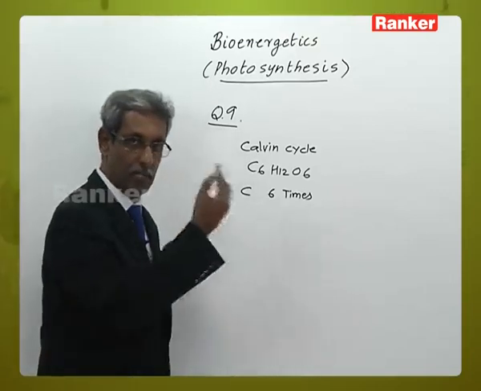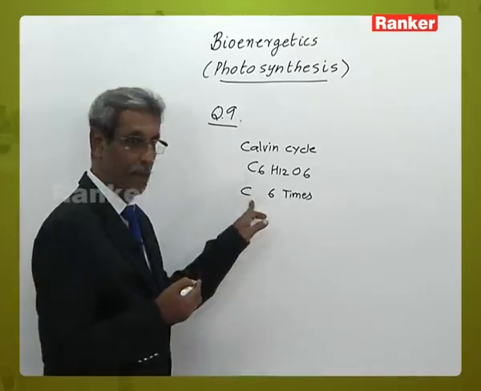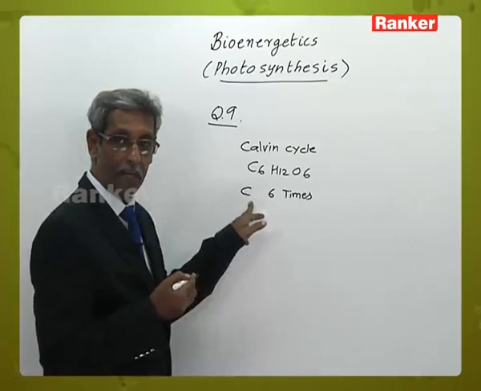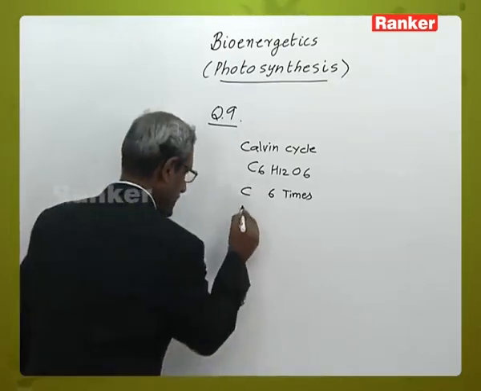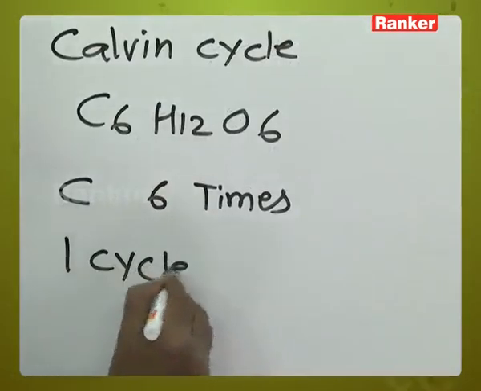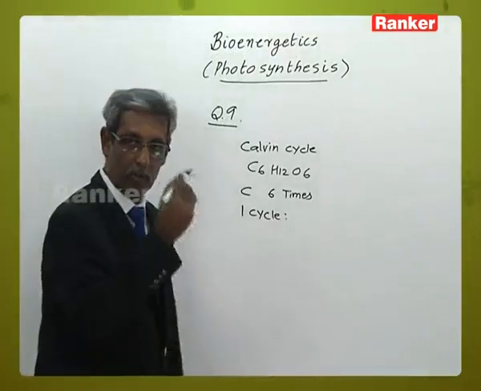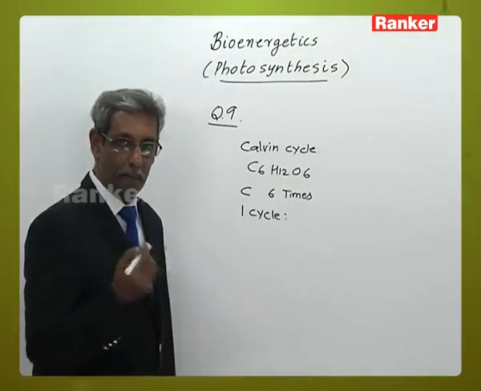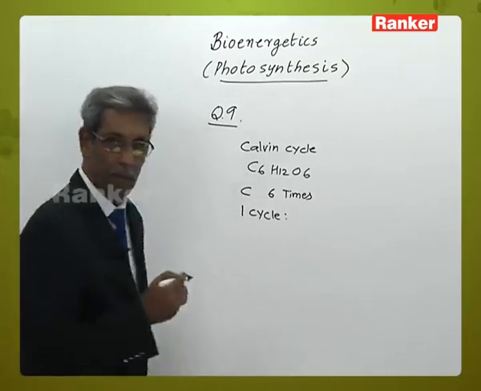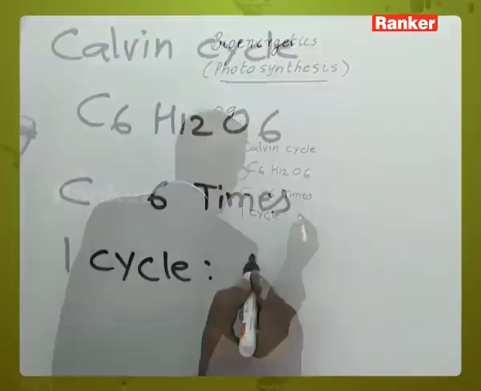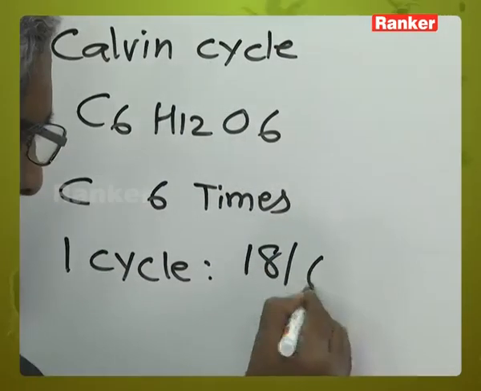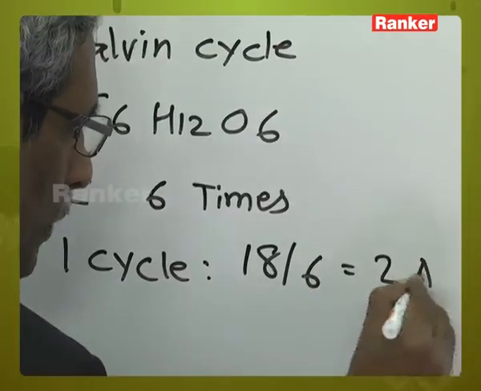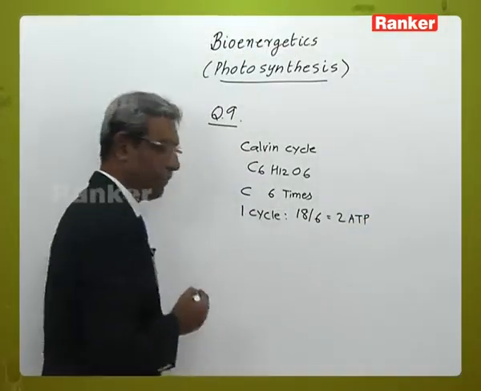Now for every movement of carbon, one single cycle through the Calvin cycle, we have 18 divided by 6, that is, 3 ATP molecules getting used.